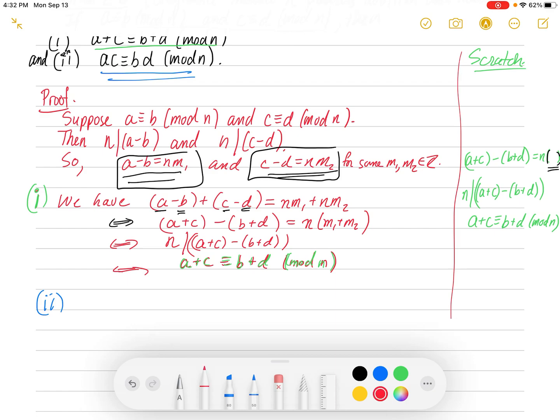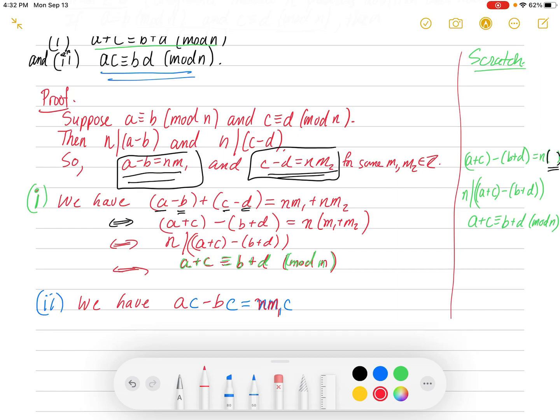So we have AC minus BC. I multiplied the left side of that first equation in the box by C. It means we have to do it to the right side, so we're going to have nm1C.